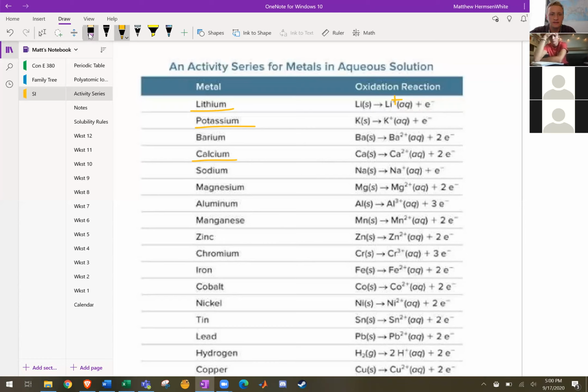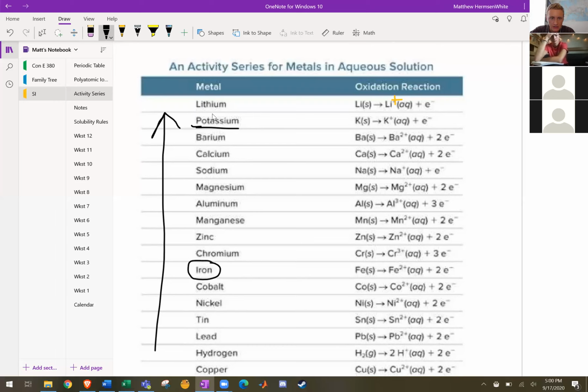Now, the other thing to note is that there's a hierarchy that determines will a reaction happen, and the rule is: a reaction will happen if it is higher on the activity series than the other metal. What do I mean by that? Well, let's do an example.